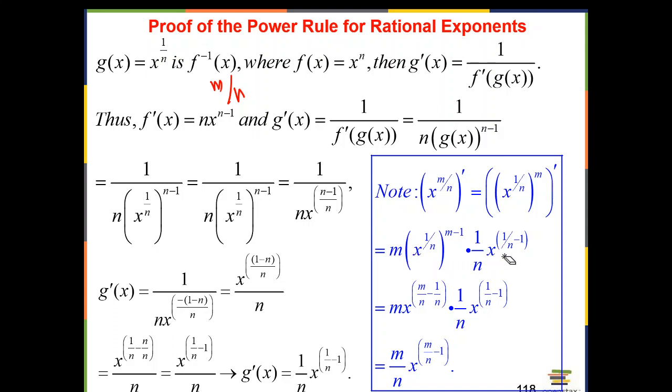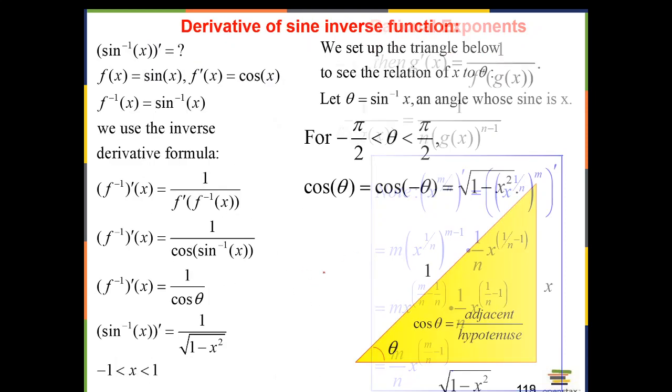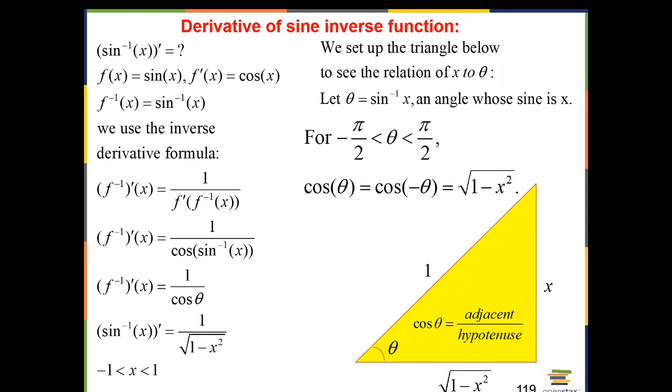And if you simplify this, you see that you get the same idea: if you have x to m over n prime, you bring m over n here, and then x to the power of m over n minus 1. So that means the power rule can be extended now to a fractional power, m over n, right? So we proved it. Of course, you don't have to prove it to use it, but that's what it is.